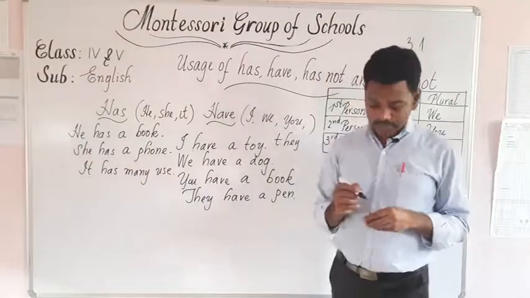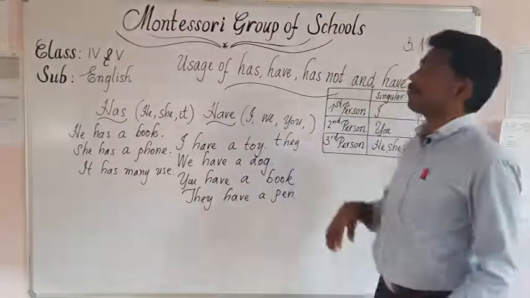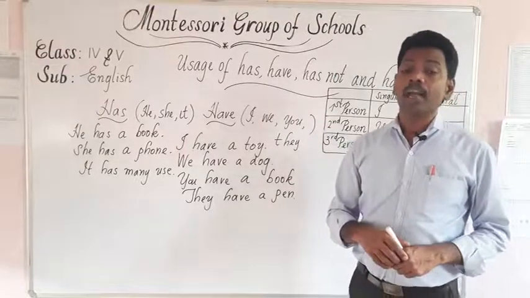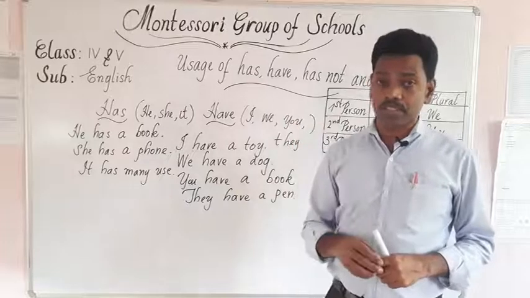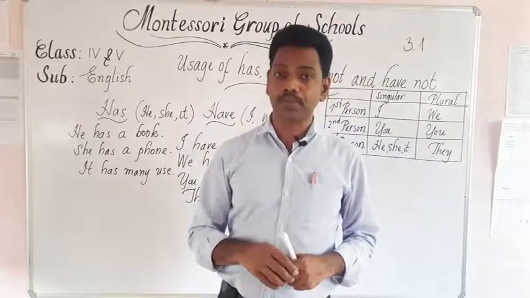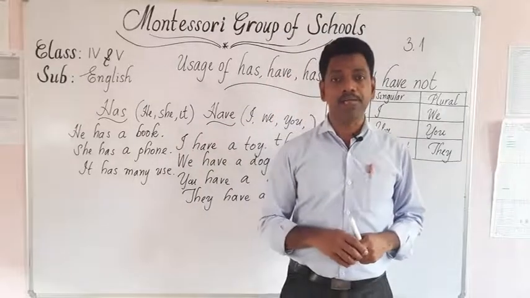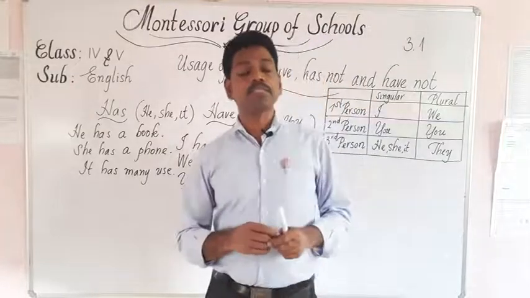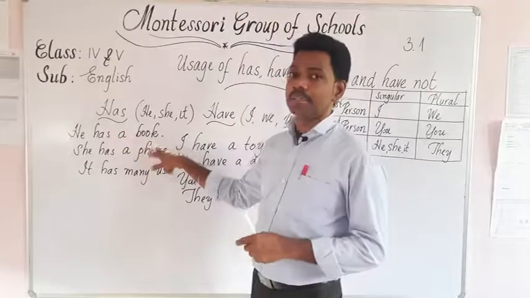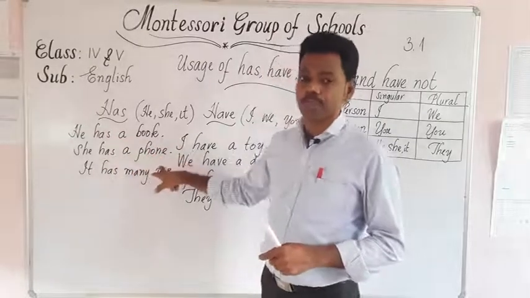So keep in mind once again, have and has are different forms of the verb to have. And we use them in two cases, that is possessive case and as a helping verb. First one is possessive case. As I told you, he has a book. She has a phone.